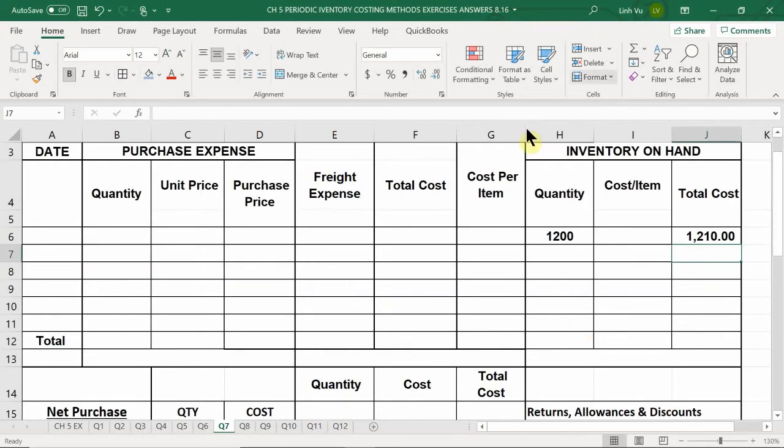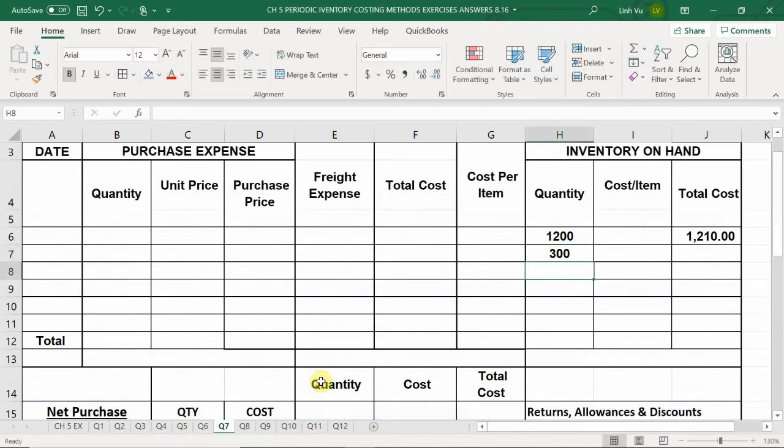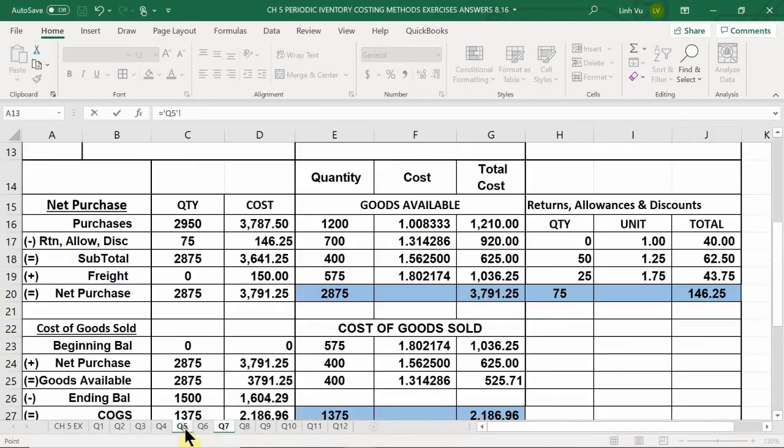And then we had 300 units, because we have 700 minus 400, which gives you 300. In this case, we're also going to take the numbers that we solved here.